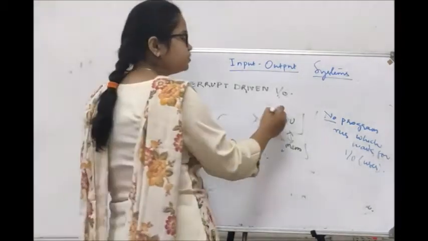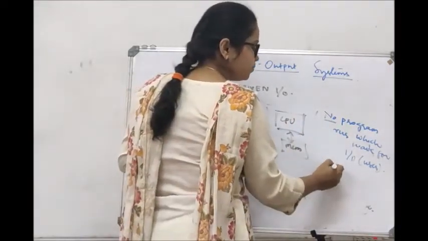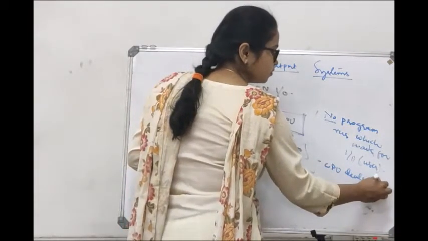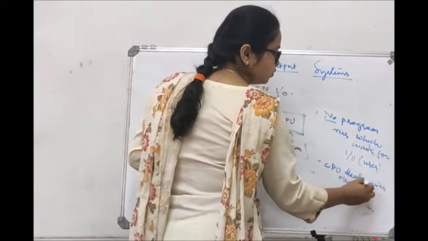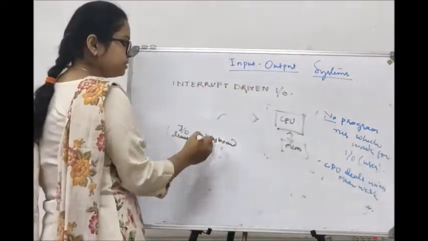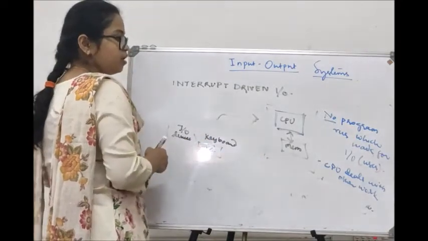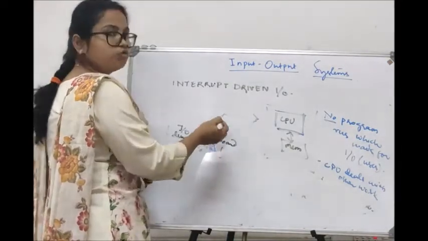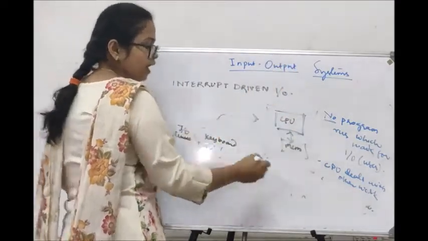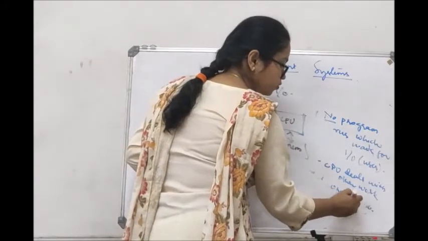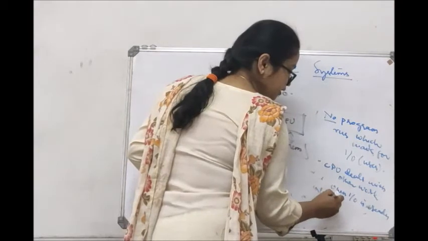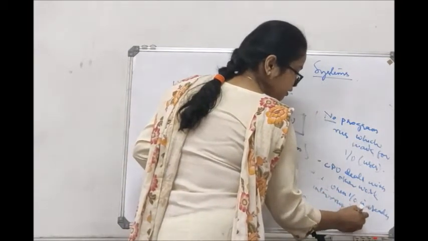So here there is no such program which waits for IO. What happens is the CPU is busy doing its own work. The CPU deals with other work. When IO is ready, suppose 8 is now given as input. The CPU doesn't wait for 8 to come up. It does its own thing. The CPU deals with other programs. When IO is ready, an interrupt is generated.